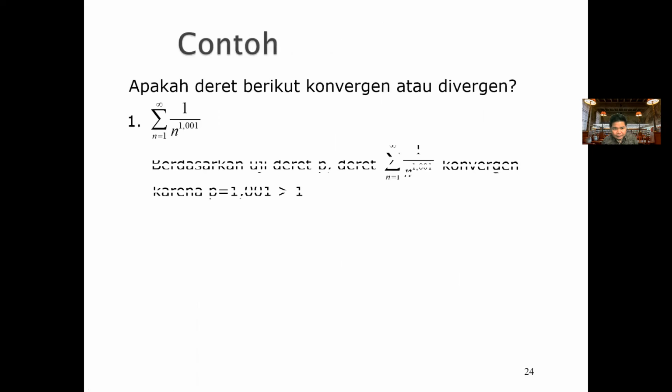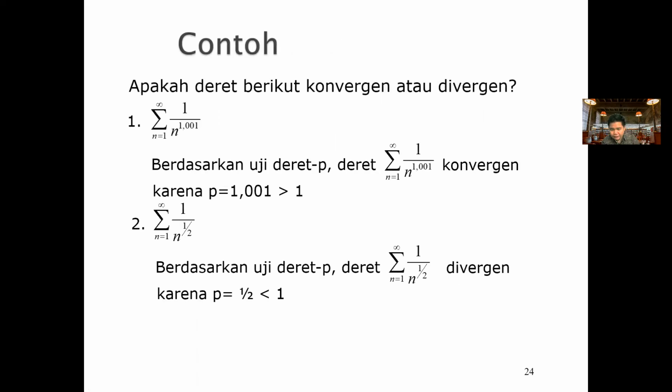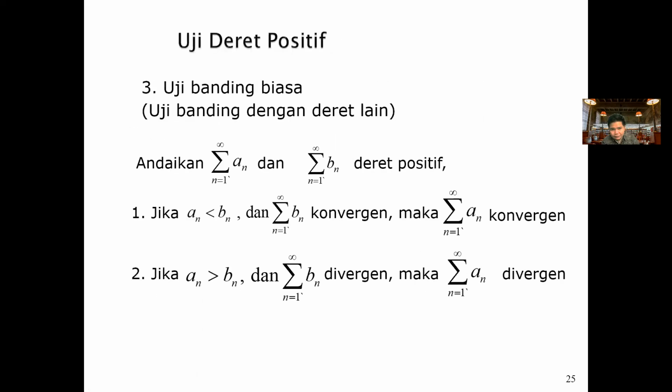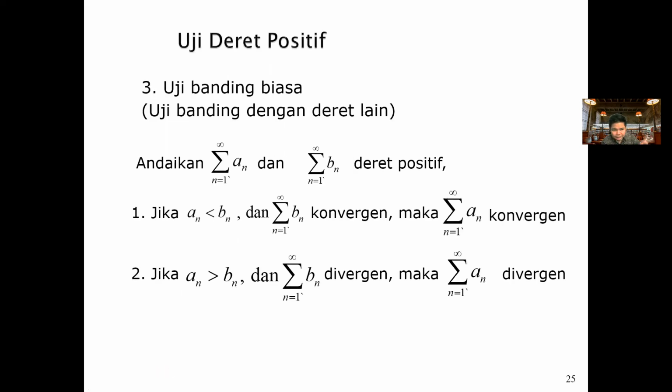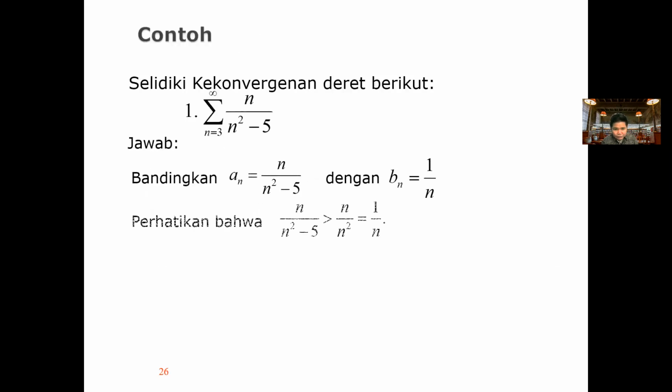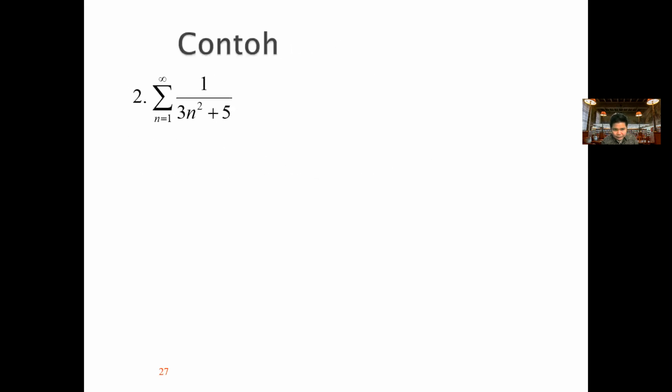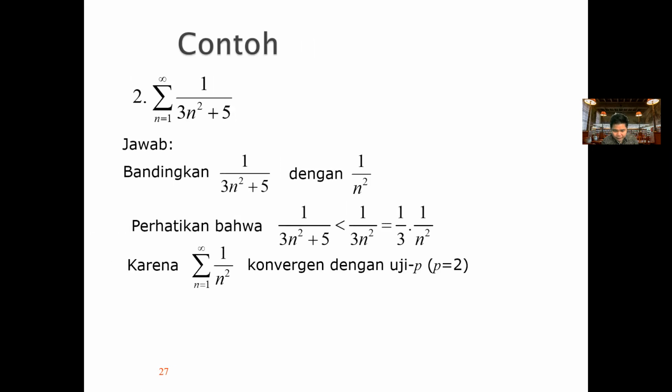We use this extensively, so please remember it. And then this one we discussed last Tuesday. This one is actually the ordinary comparison test. Those are some examples that we have already discussed.